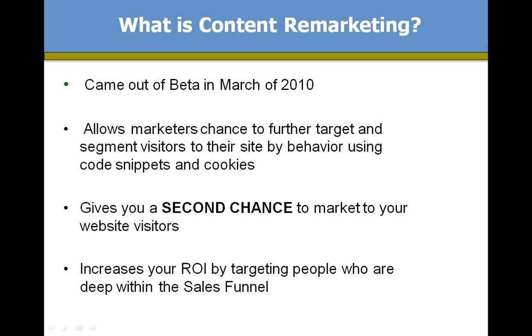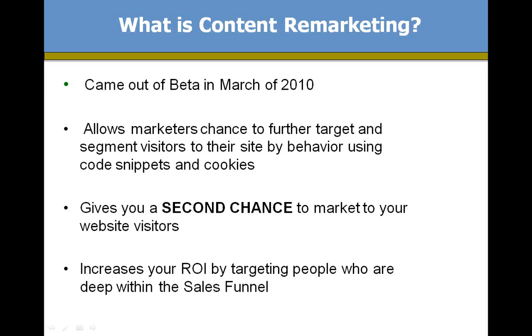So content remarketing. It actually started about a year ago. It was in the alpha stages, and then it just came out of beta and has been rolled out to pretty much everybody's accounts now as of March of this year. What it allows you to do is it gives marketers and site owners a chance to further target and segment visitors who have visited their site by the behavior or by their history using code snippets and cookies.